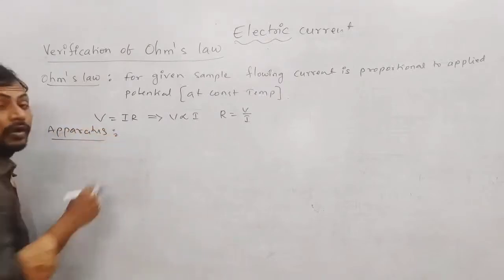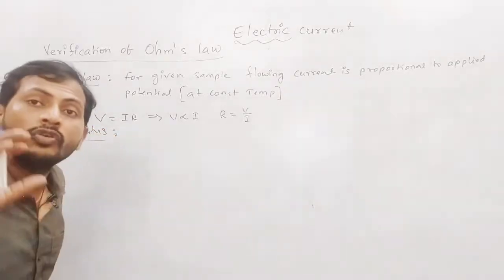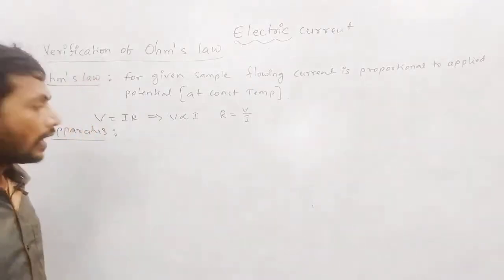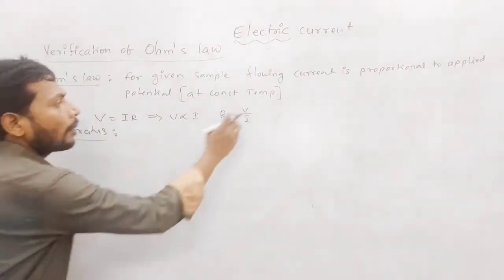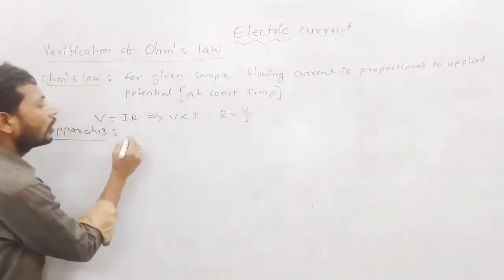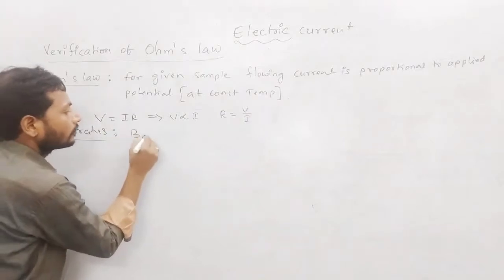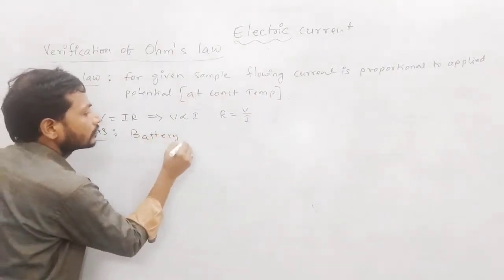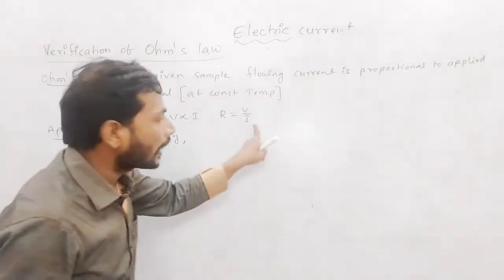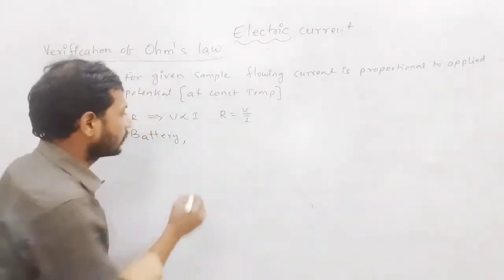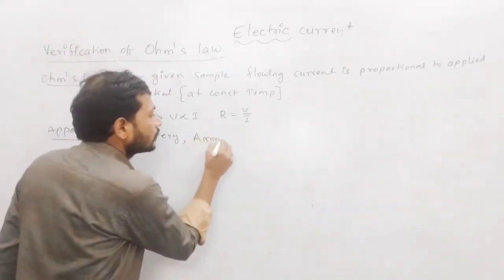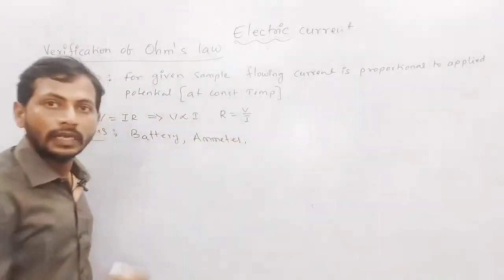Apparatus means what, children? What devices do you require to do the experiment? To apply the voltage I need one battery, and to measure the current I need an ammeter. Clear?